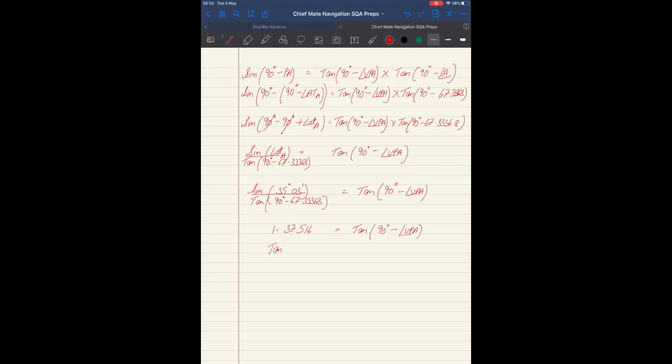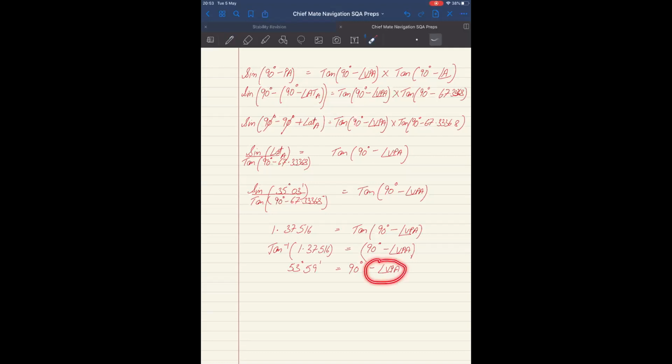So tan inverse of 1.37516 will give me 90 degrees minus angle VPA. So this equals 53 degrees, 59 minutes, equals 90 degrees minus angle VPA. So I will again retranspose the formulas.